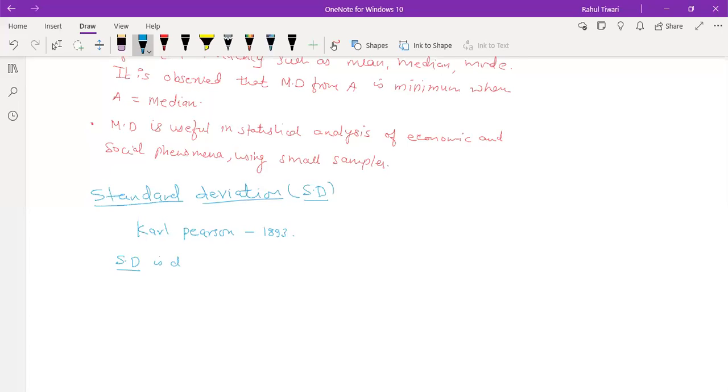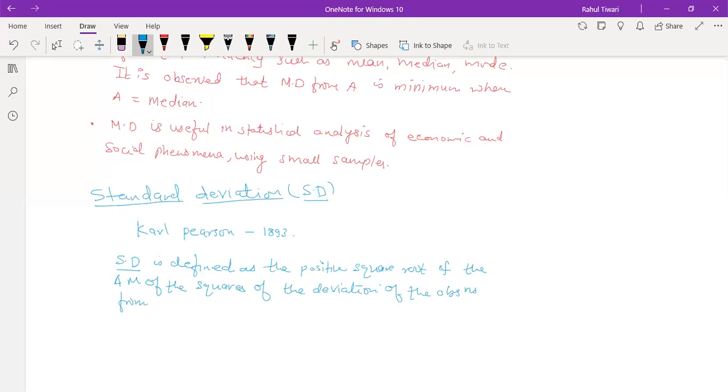Standard deviation is defined as, see the definition first, the positive square root of the arithmetic mean of the squares of the deviation of the observations from their arithmetic mean.